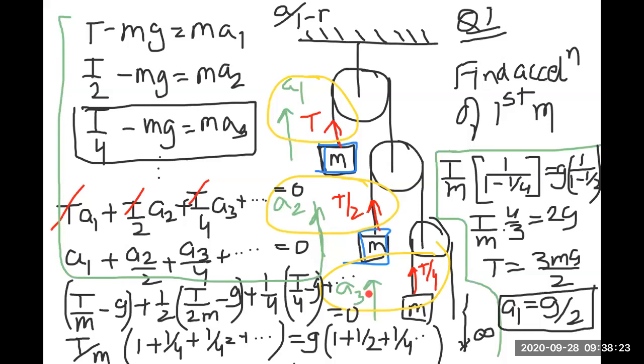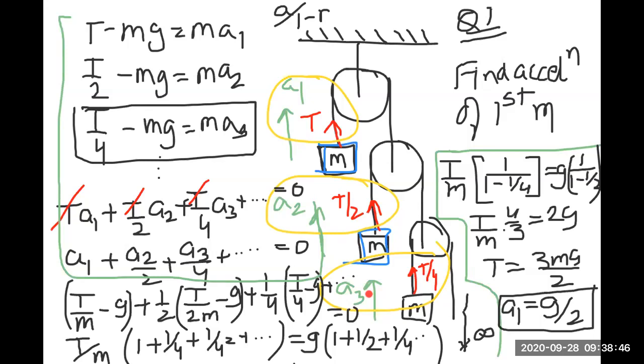And if T cancels out, you are going to end up with a relationship between the acceleration of the masses, right? Now, once you have this relationship, then simply place the values of acceleration from the second law equations into this equation, and that should give you the value of tension.